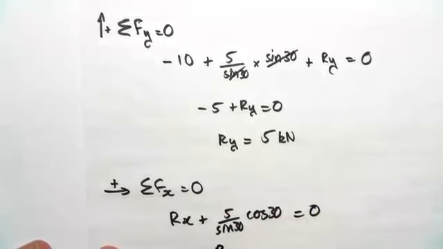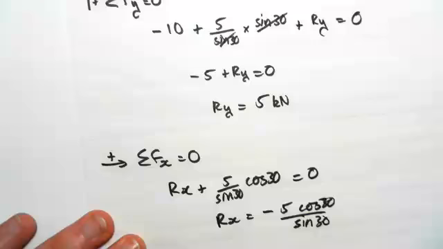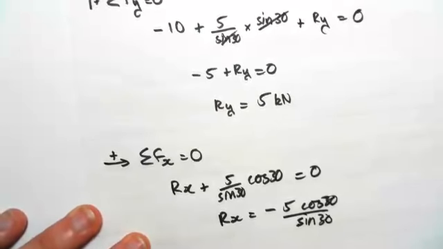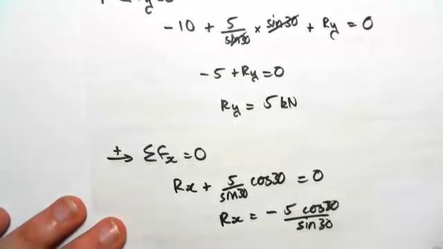Then you can see that Rx equals negative 5 cos 30 on sine 30, which you can just plug into your calculator and get a value for. So that's an example of global equilibrium, splitting up the forces into the different components.